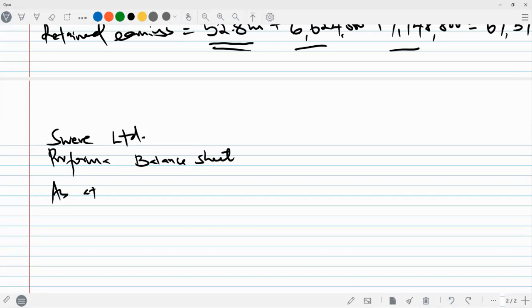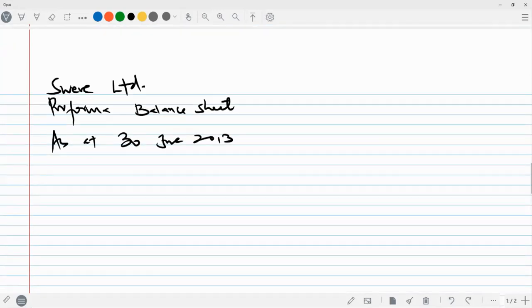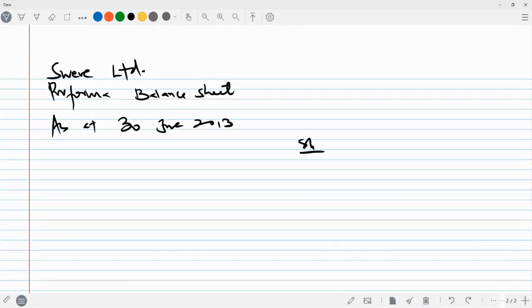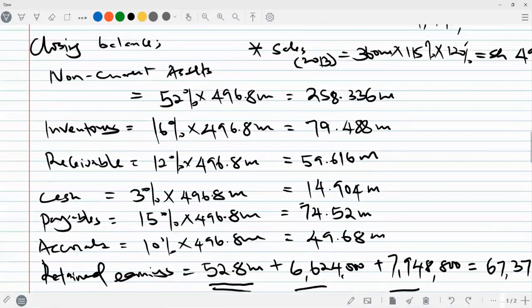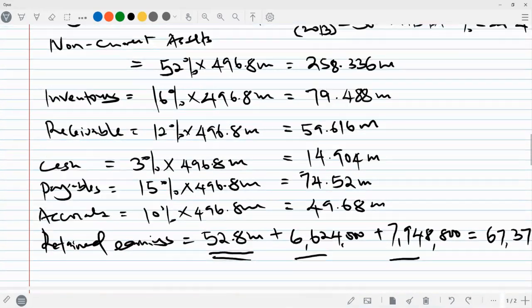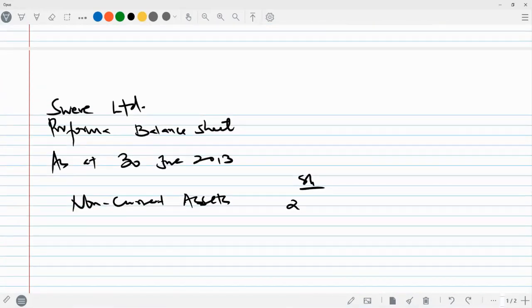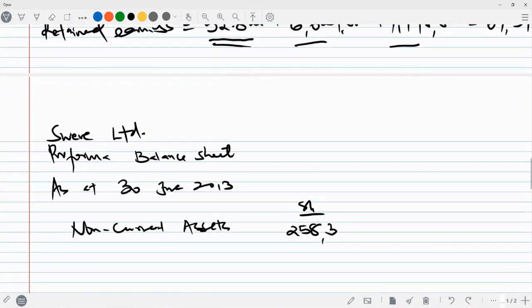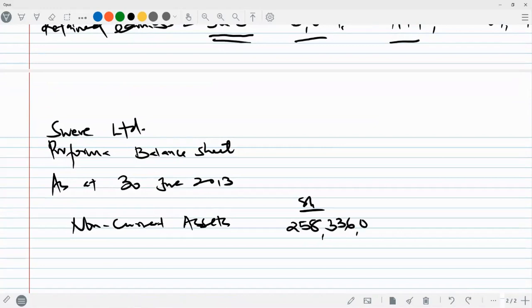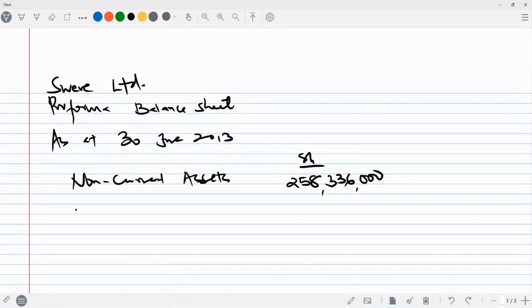As at the 30th of June, 2013, we can begin by getting non-current assets. We just report as it is from our workings above. Non-current assets, we got the closing balance to be equal to 258,336. Then you have inventory.